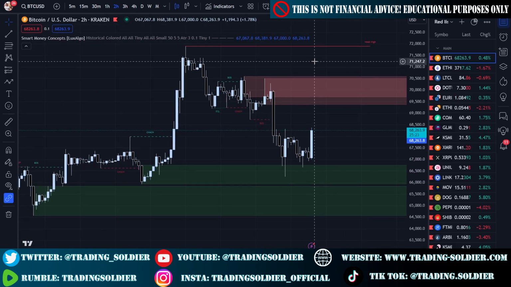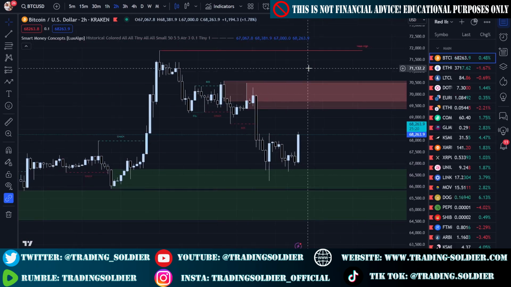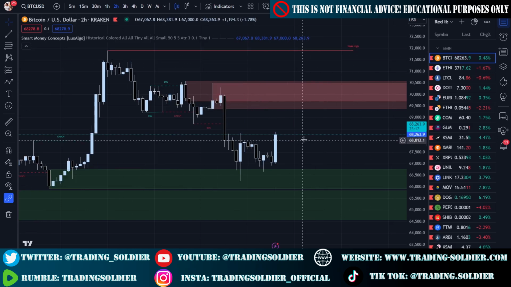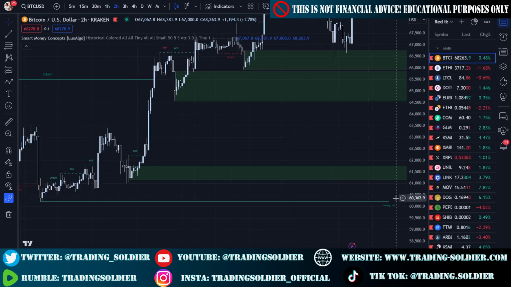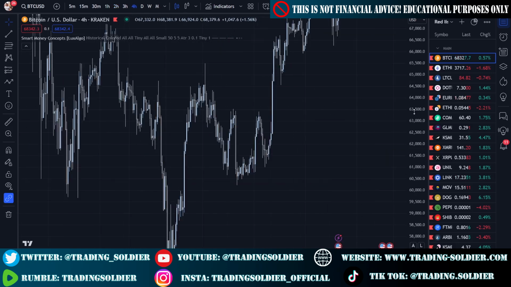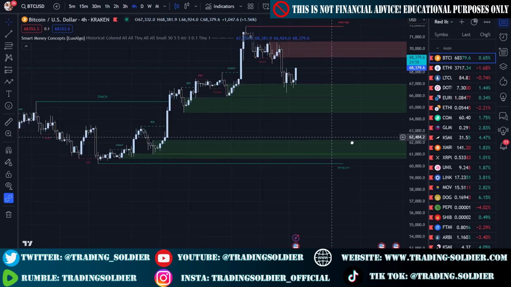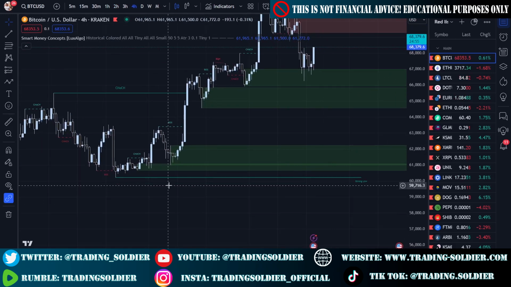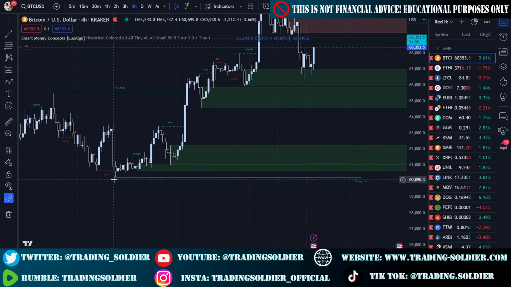And the last but not least feature that we can find within this indicator is the weak high or strong high. You can see here, for example, that every time we get a swing point, last swing low or last swing high in higher time frames, for example if we switch to 4-hour time frames, the indicator will print a strong low, because after all this bullish price action, the indicator interprets that this last swing low was indeed a strong low.